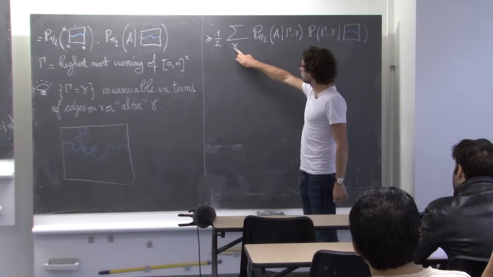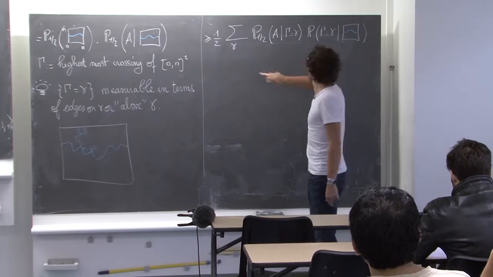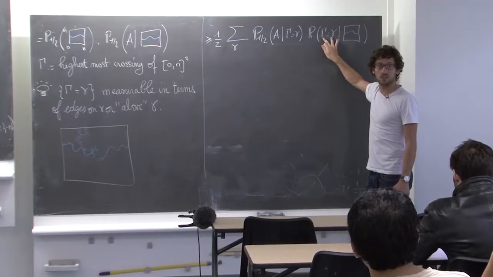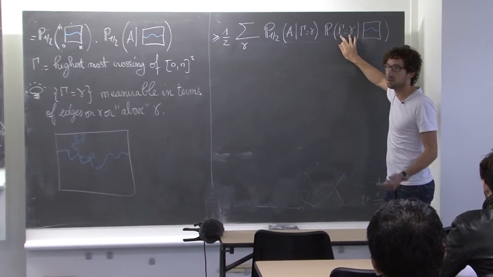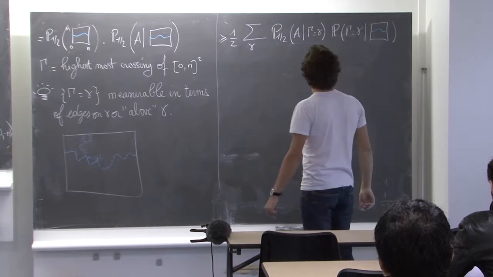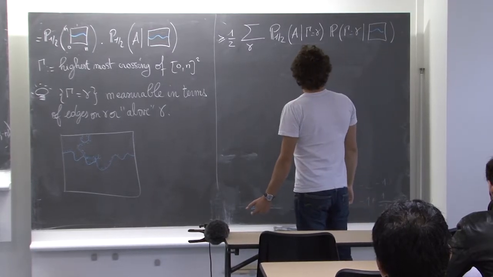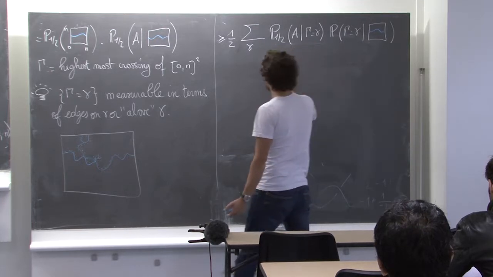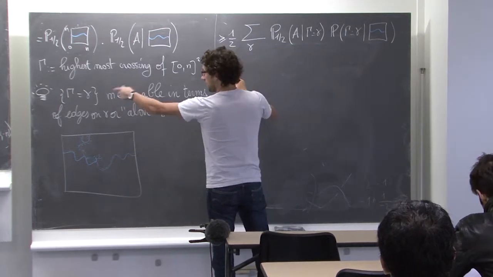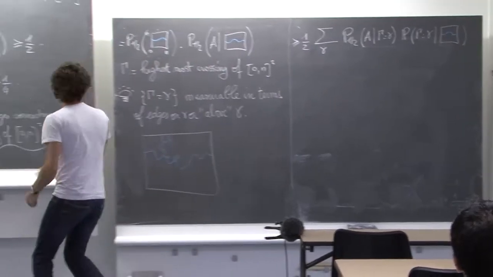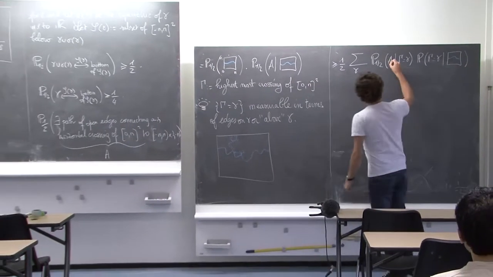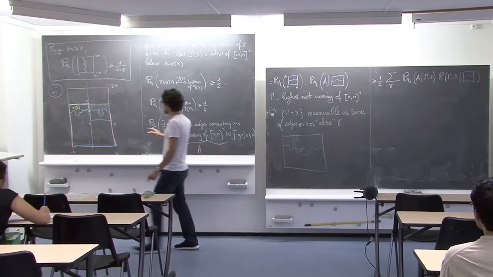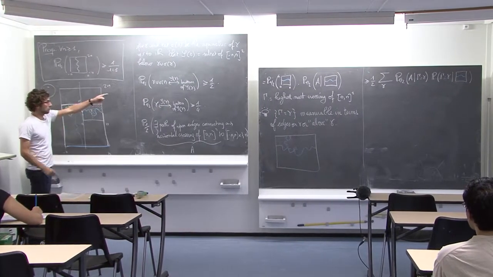Here you see I don't want to tell you what gamma is simply because anyway, this thing is going to be 0 for any gamma which is not admissible somehow. So I don't need to be careful about that. Very well. Now this thing, because of this property, the probability of having A knowing that gamma is equal to gamma is larger or equal to the probability of the event that I described there.